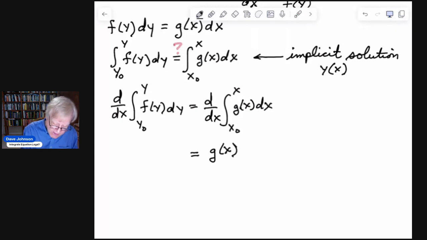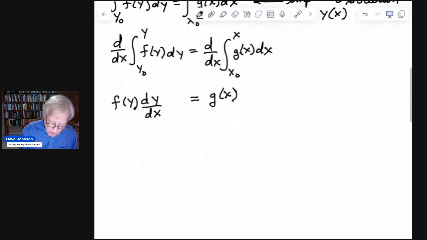And so I'm going to write this as f of y. So that's the d by dy of this integral. So f of y, but then we have to follow up with multiplying by dy/dx. And so let me just put this in a place where it's more obvious what's going on.